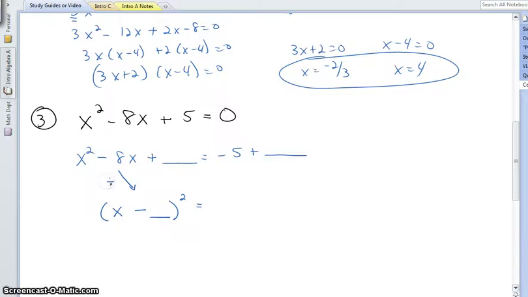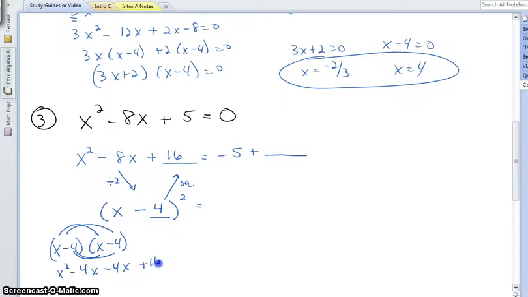If I divide this by 2, that's kind of the trick. This becomes negative 4. And I square it, it's 16. And if I have x minus 4 times x minus 4, I'm just checking to make sure I got the right number. That's x squared minus 4x minus 4x plus 16.